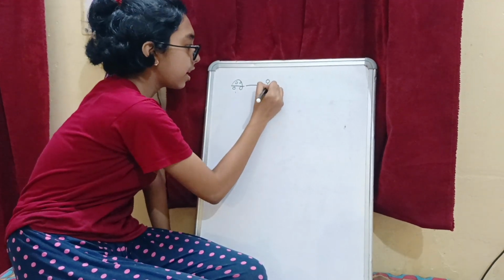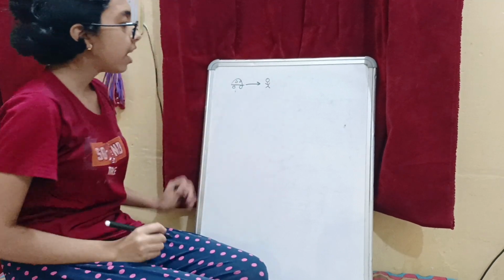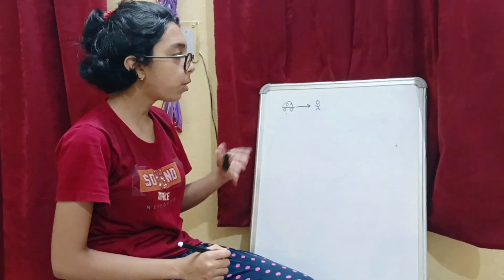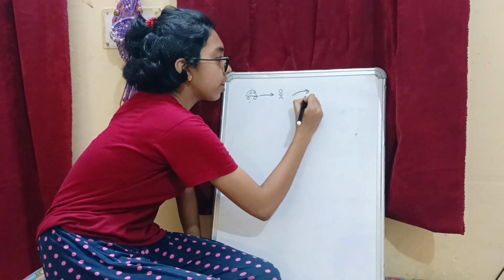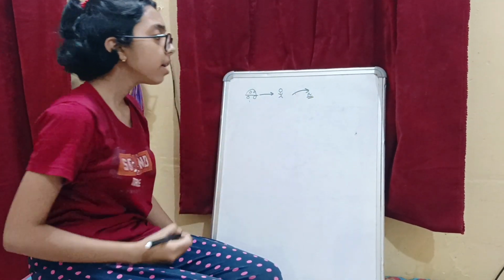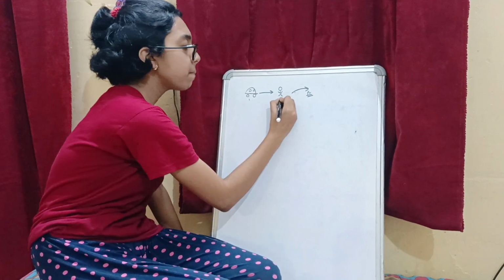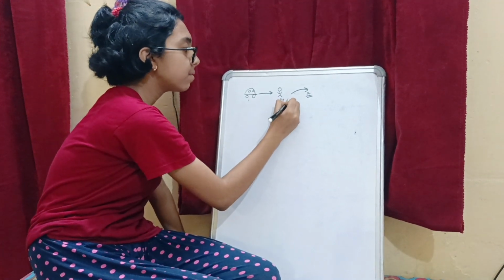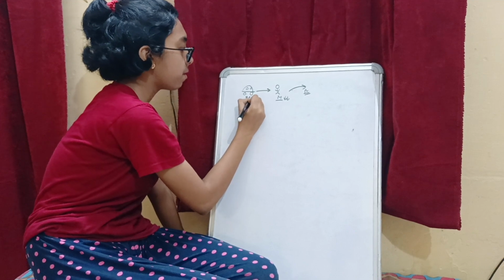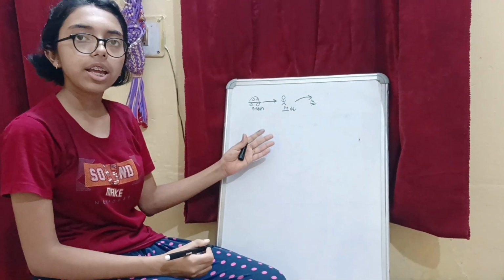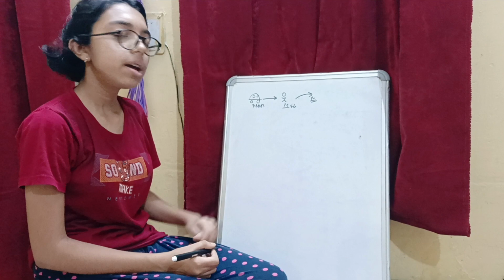Here is a man standing. Now the car hits the man. What do you think will happen to the man? The man will go flying away. Why? Because the mass of the man is very much less than the mass of the car. The car's mass is very high compared to the mass of the man.